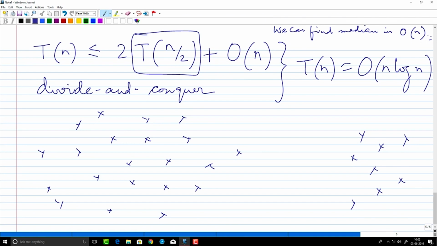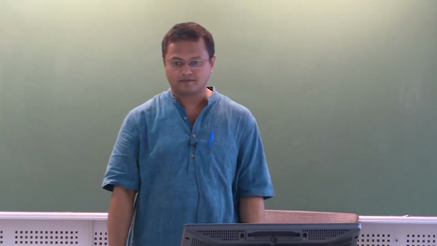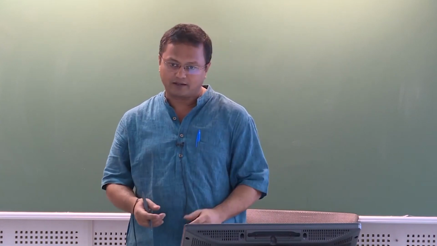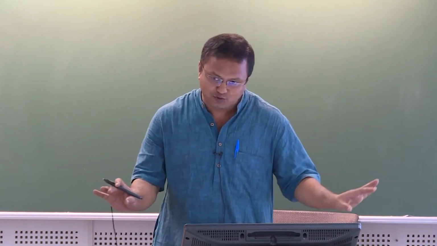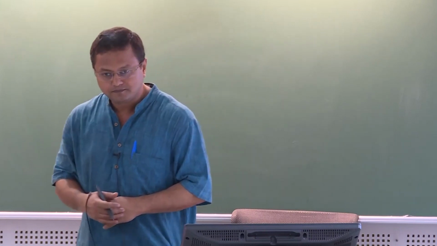So, what I do is I just look at the x coordinates of the point set and find the median. Say it will be somewhere here, and I draw a vertical line. The point set is divided into 2 equal halves, agreed.